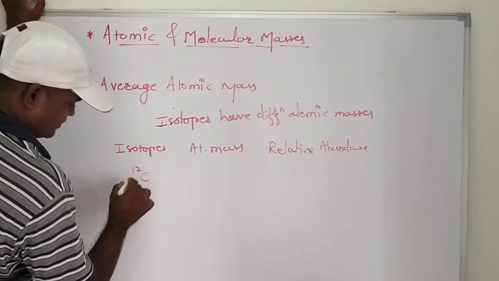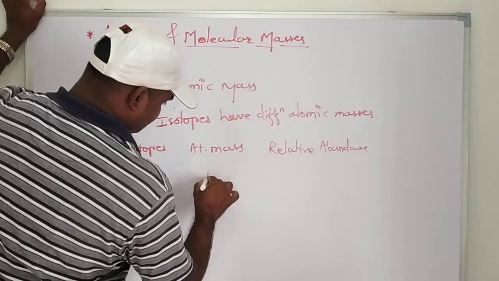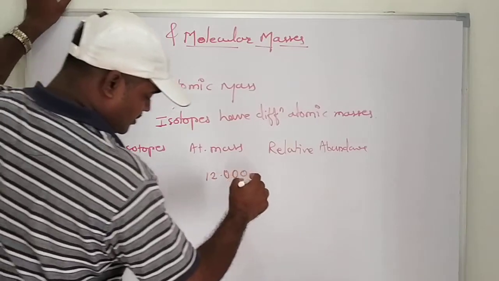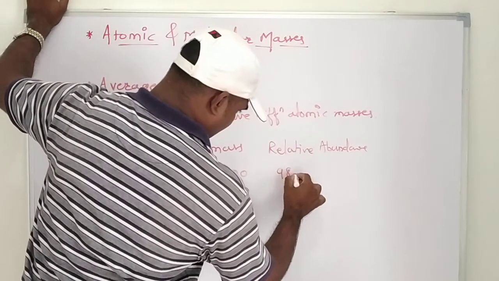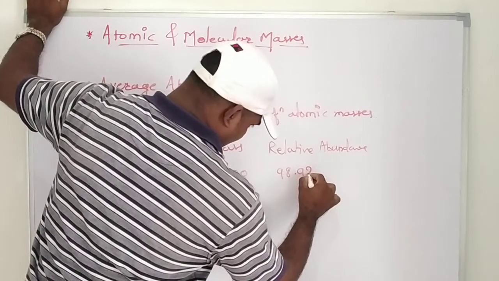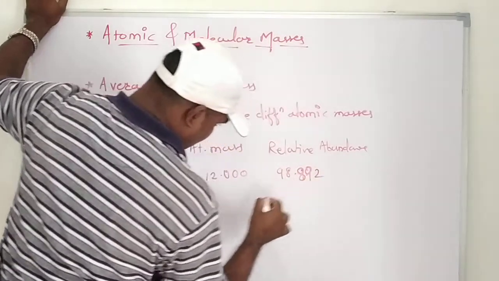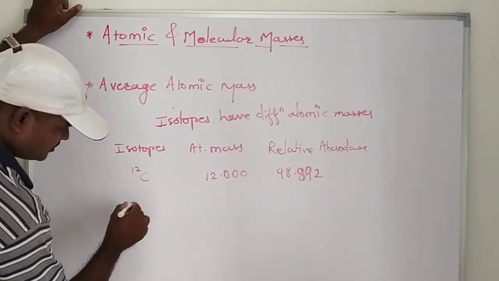Carbon-12 has atomic mass 12.00 and students, its relative abundance is 98.892.